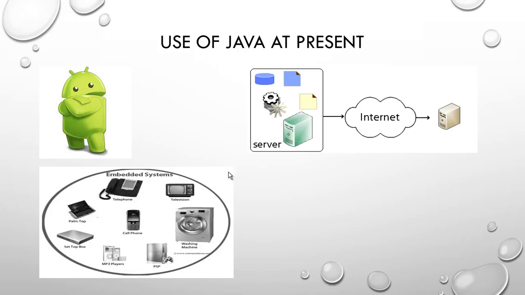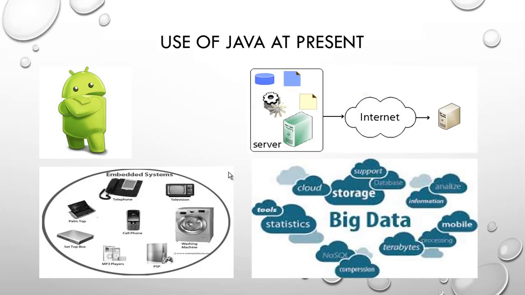I'll put a link in the description and you can see the approximate figures of that 3 billion thing. And this includes Blu-ray players, set-top boxes, mobile phones, printers, routers, and many more. Similarly, Java is used for managing big data for different trading applications and in different financial sectors.